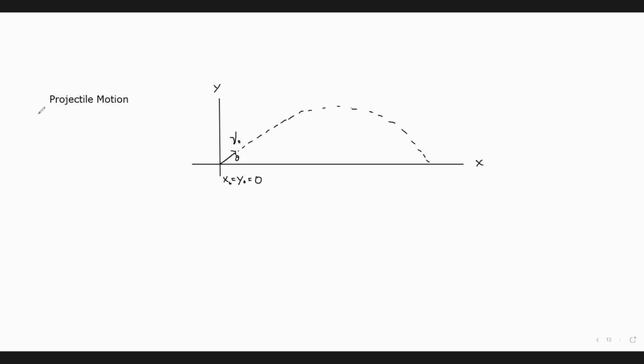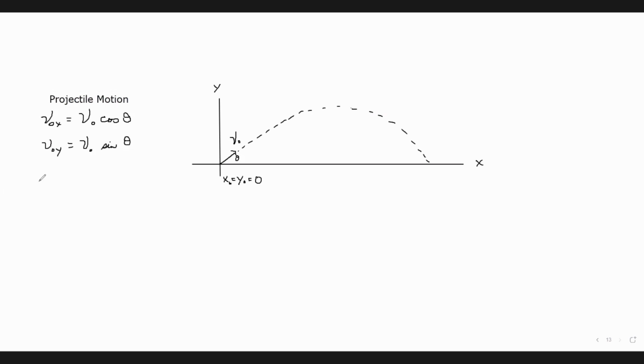Okay, so what are our kinematic equations? Well, the initial velocity, v0x, is v0 times cosine theta. And the initial velocity in the y direction is v0 times the sine of theta.